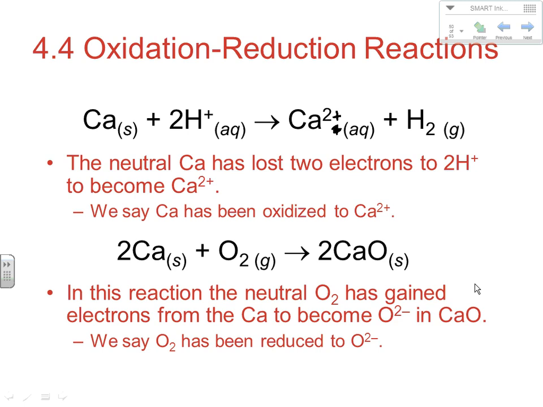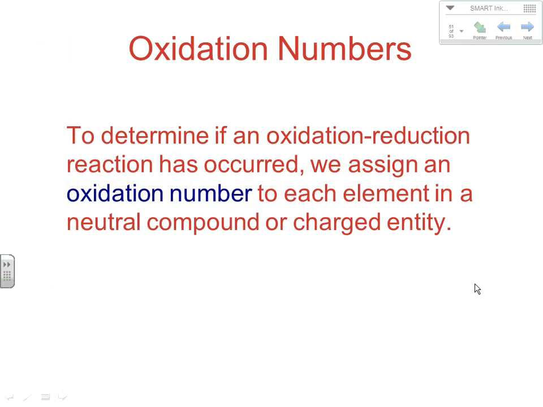So when you take a look at these two reactions, you can pick out what's being oxidized and what's being reduced. Now, to determine if an oxidation-reduction reaction has occurred, we assign oxidation numbers to each element in a neutral compound or each charged entity. So we go through and take a look at all of the elements on the left side and on the right side, and we take a look at what has happened to them. Now, oxidation number is an assigned charge.